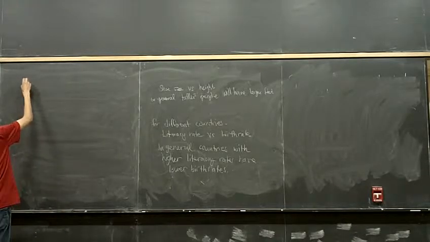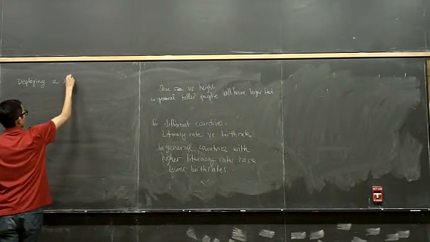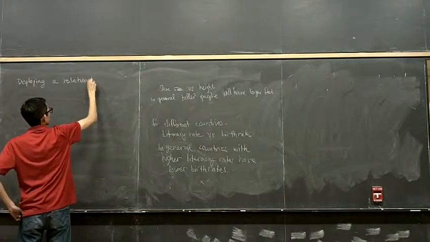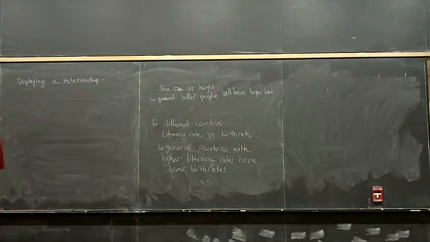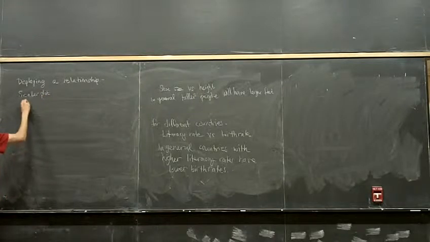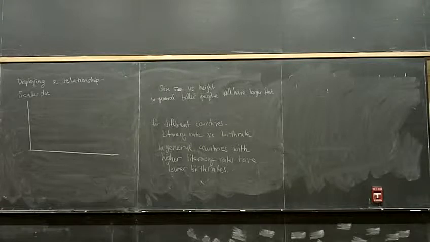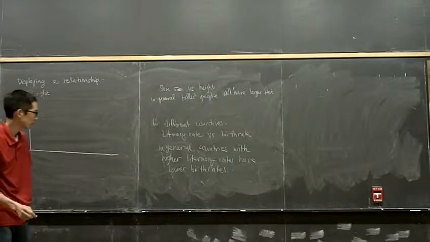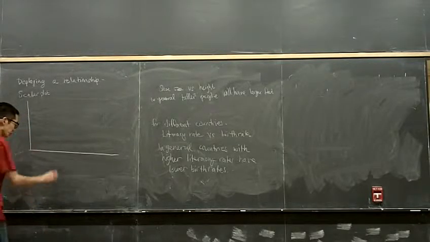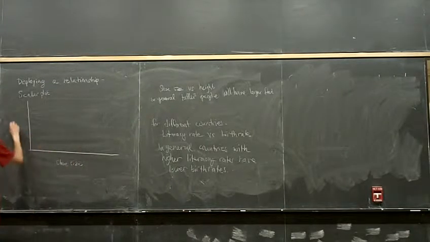One of our first tools for displaying a relationship is a scatter plot. Let's say this was shoe size versus height.